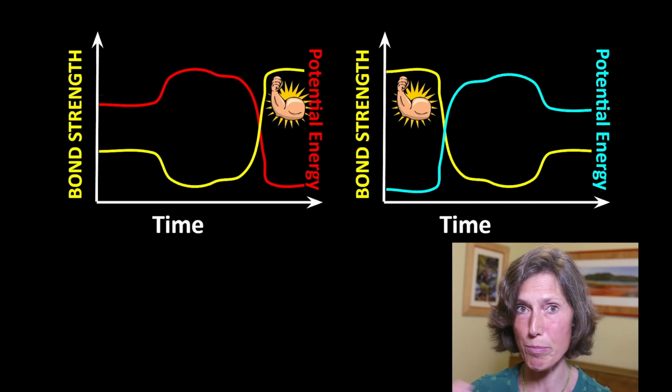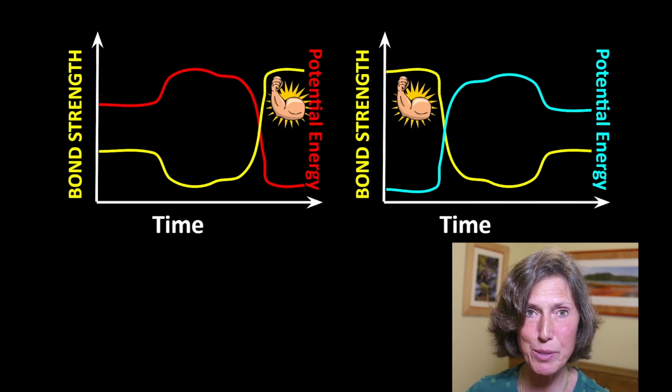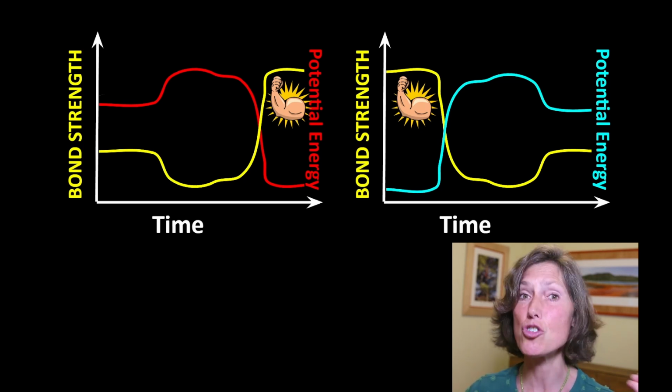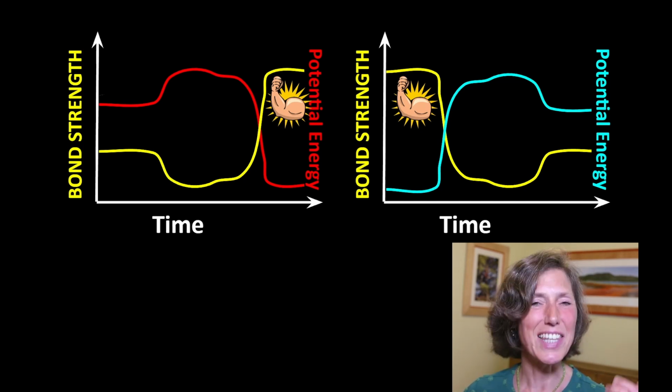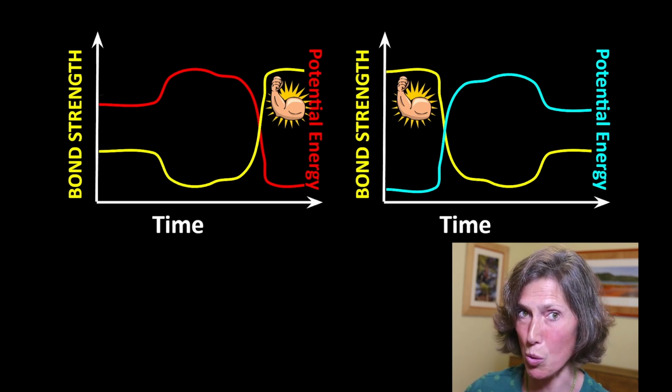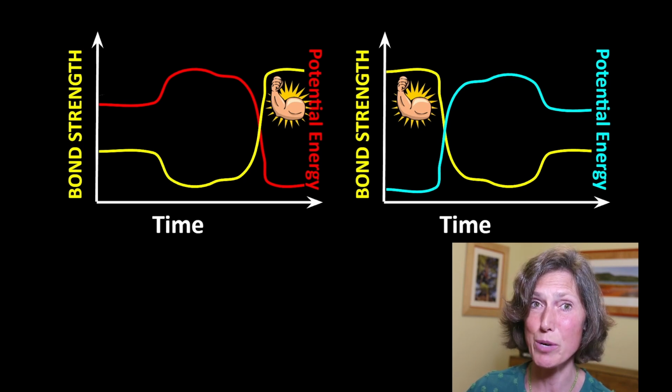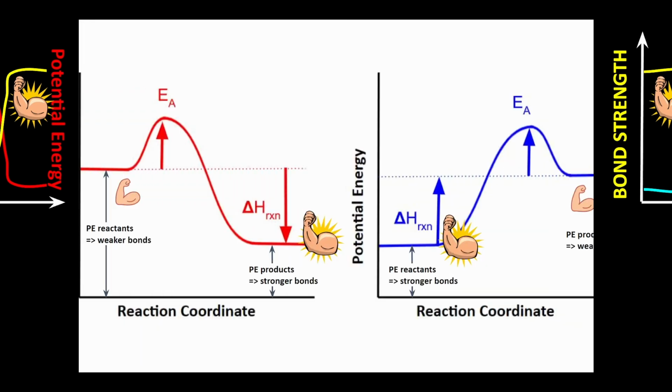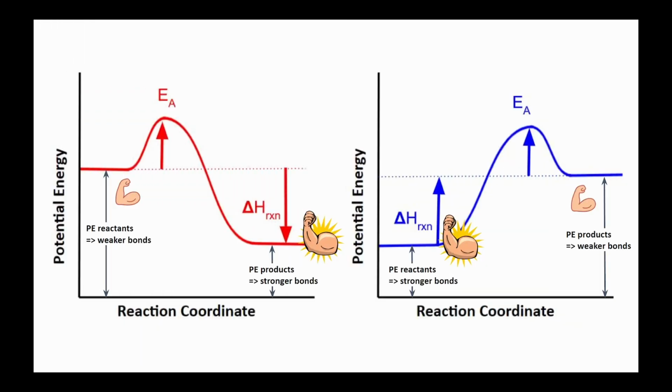Exothermic, strong bonds are formed, lots of energy release. Endothermic, strong bonds instead are broken, less energy release because it needed to be first absorbed to break those strong original reactant bonds.